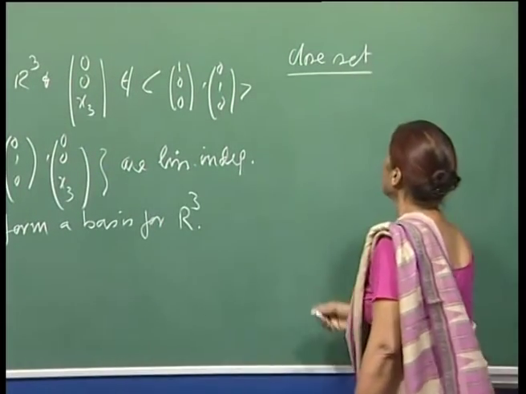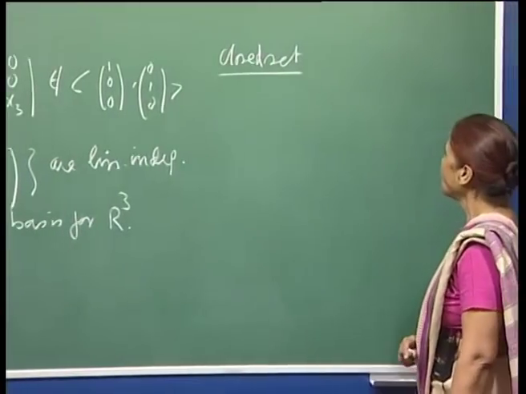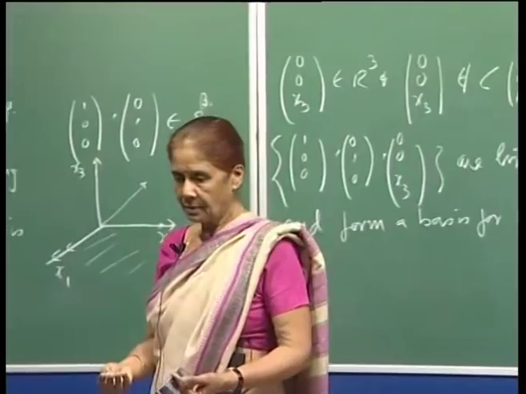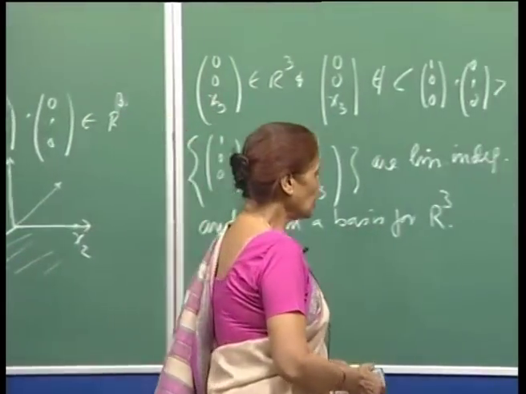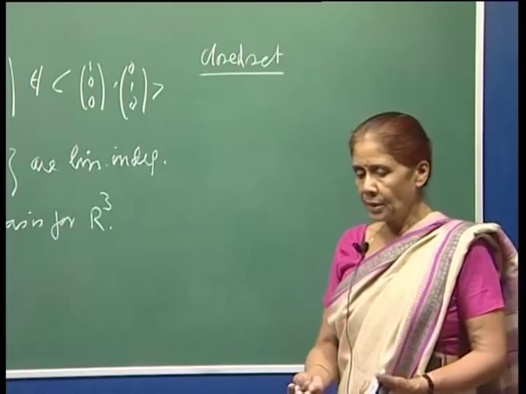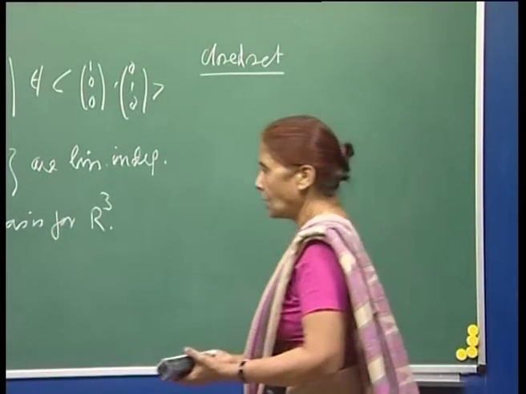Now there can be a closed set. What we mean by a closed set is that all its limit points are in the set. Or you can also define the boundary of a set, and you can say that if the boundary is all in the set, then it is a closed set.